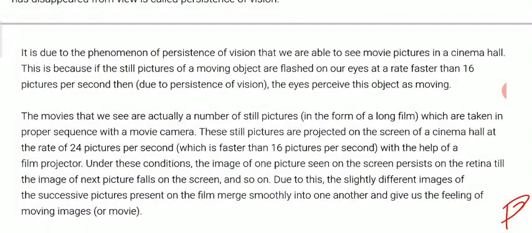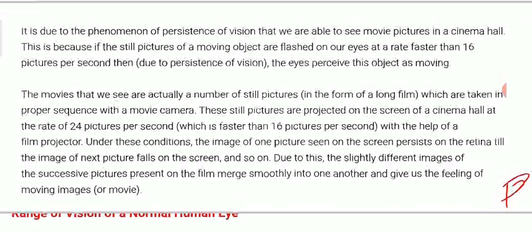Now this persistence of vision is applied for viewing a still object as a moving object, like when we see a movie. That is going to be discussed here. It is due to the phenomenon of persistence of vision that we are able to see movie pictures in a cinema hall.